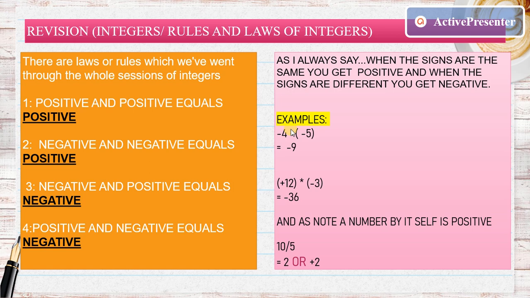Now, these are some examples of what I am trying to visualize to you at this time. So the example is -4 plus -5. So you see a negative plus a negative number, and the second rule stated that negative and negative equals positive. But when we look, we realize that we have two signs in the middle. The two signs in the middle are technically different from the first number and the second number.